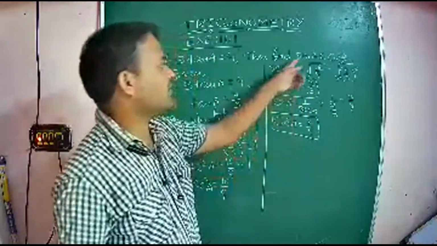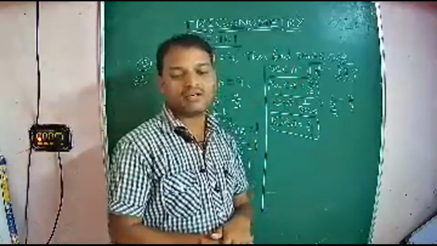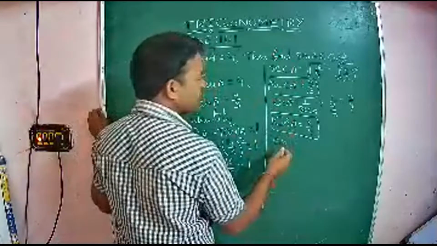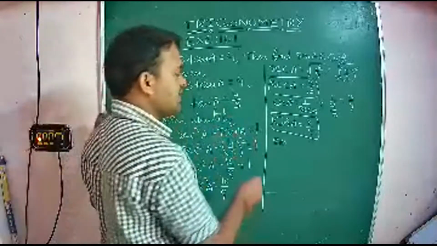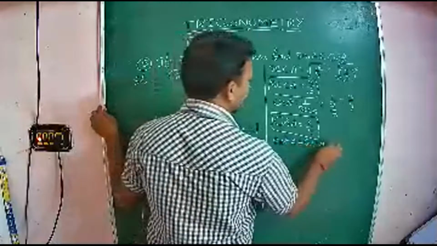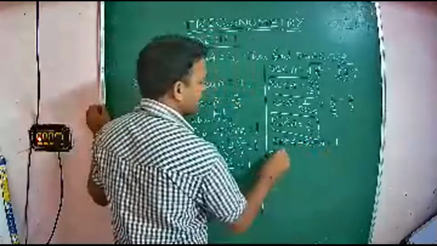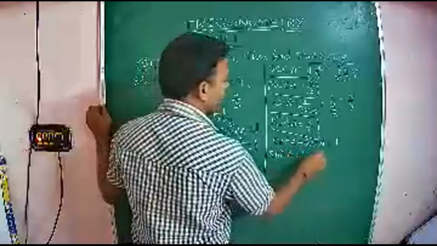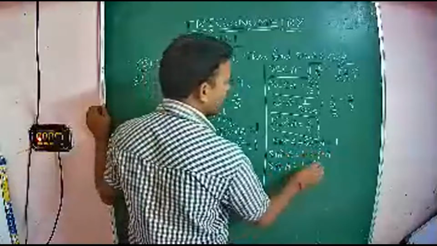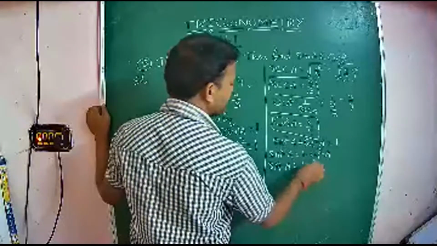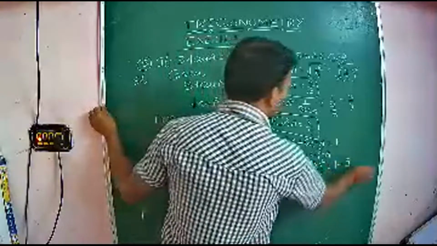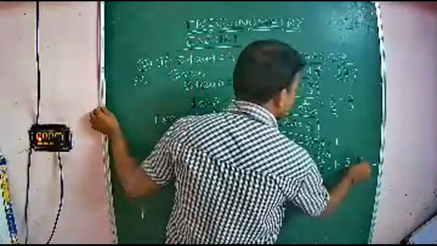Next we need to find sin A. To find sin A, you use one more identity, that is sin square a plus cos square a is equal to 1. So sin square a is equal to 1 minus cos square a. Then sin square a is equal to 1 minus 3 by 4 whole square. That equals 1 minus 9 by 16. LCM is 16, so 16 minus 9.